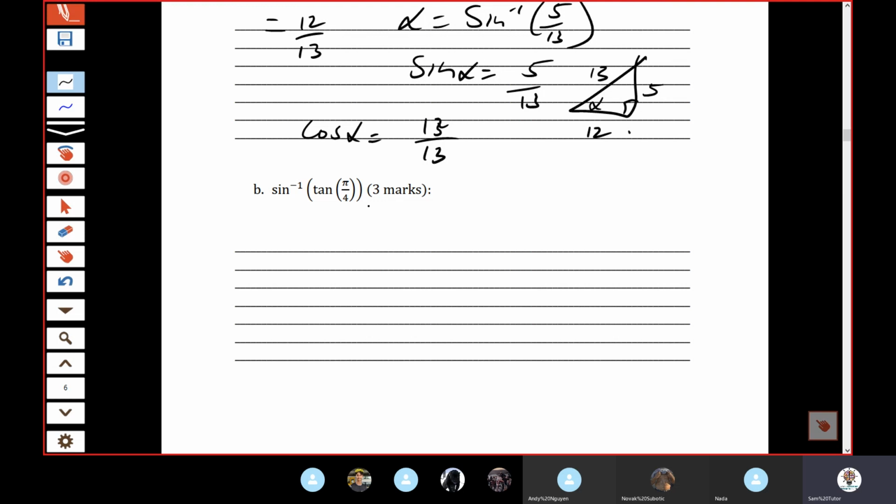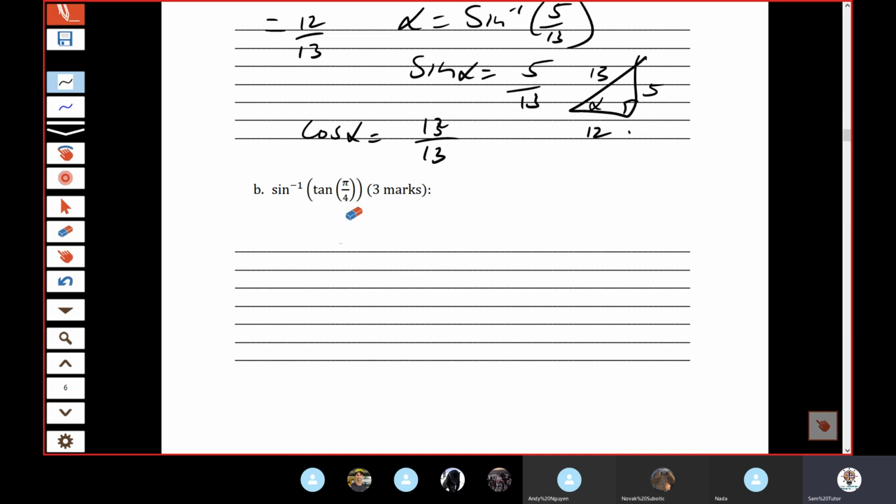Do the same thing again. Inverse sine of tan pi on 4. Same thing, I guess. Let's have a look. Because tan 45 is just 1. Why 3 marks?